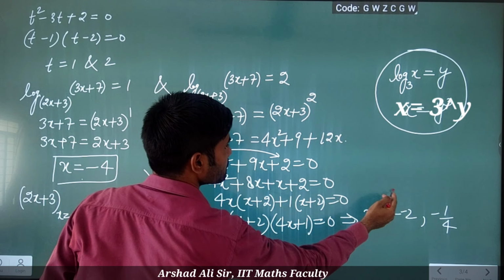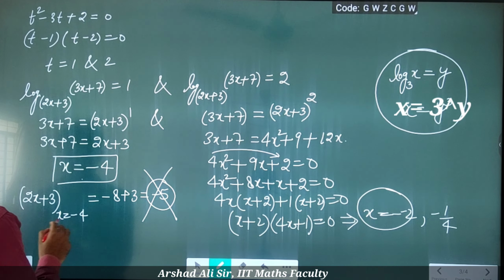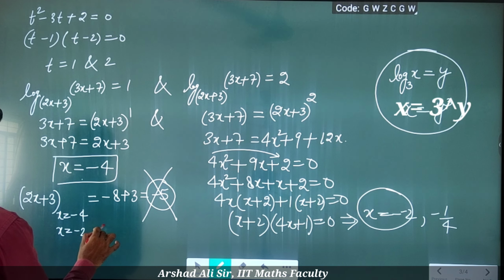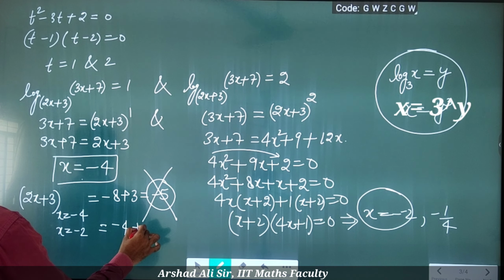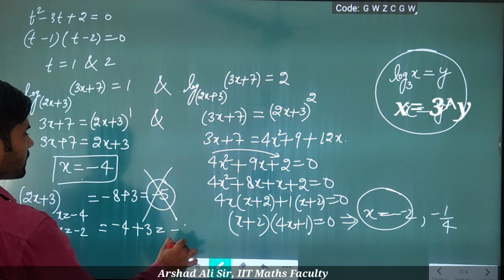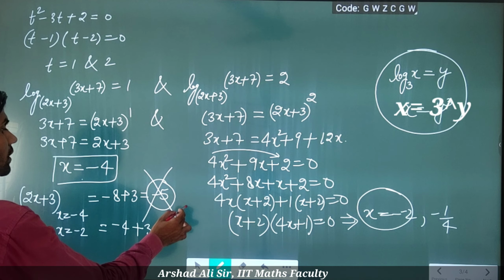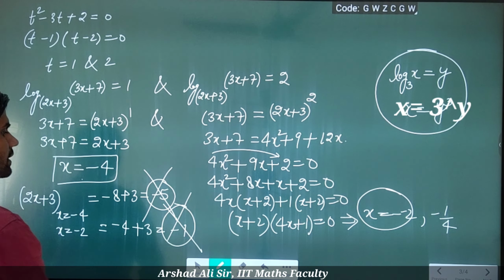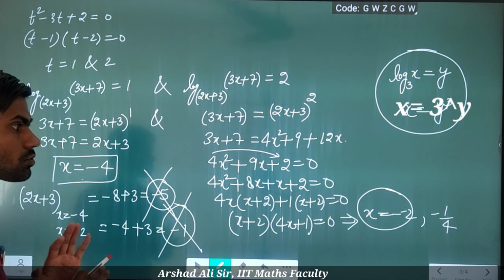Now put x equal to minus 2, so it will be minus 4, plus 3, the answer will be minus 1. It means the base should be minus 1, but it is impossible, the base can't be negative, so minus 2 is not an answer.